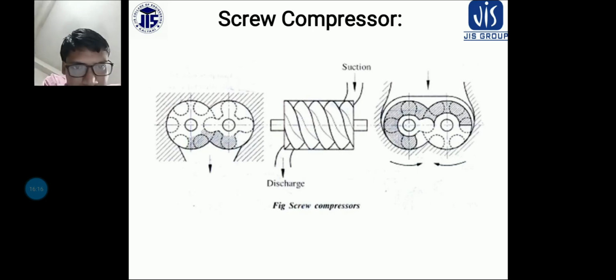screw compressor. A screw compressor is available from 15 hp to 800 hp, and it applies to both halocarbon and ammonia refrigerants. I hope it is clear. So this is the working principle of the screw compressor.